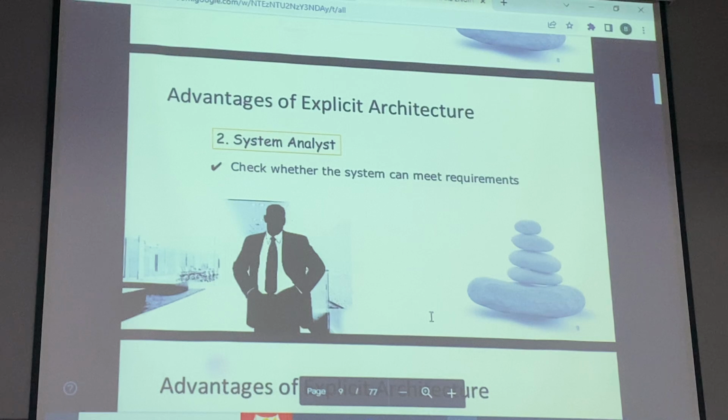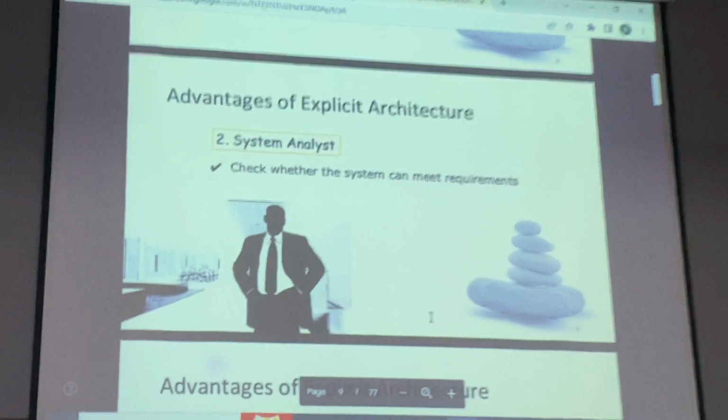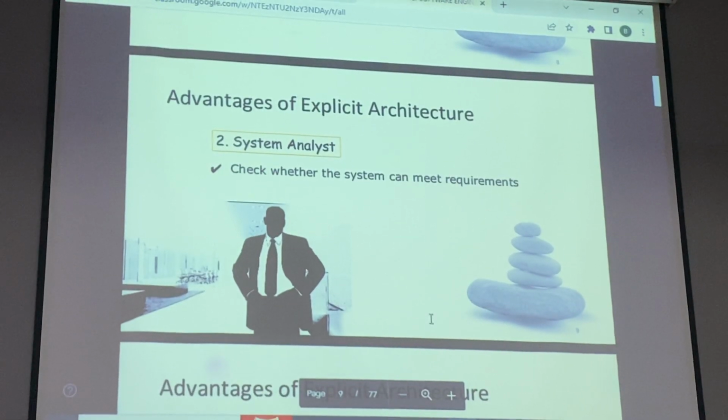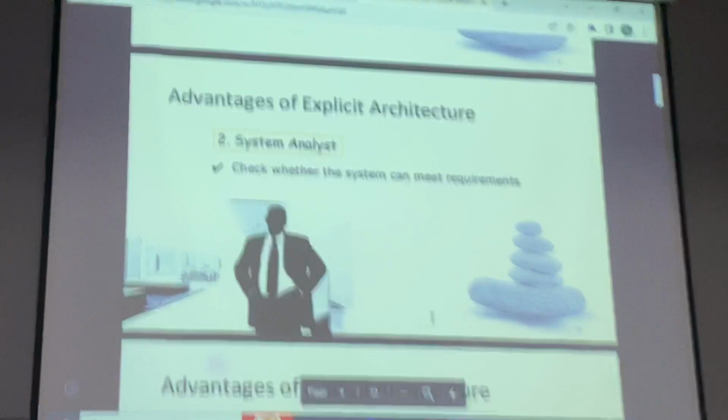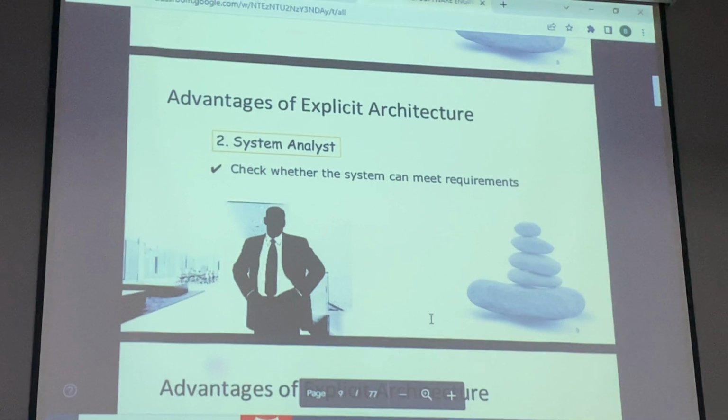So in here, one of the benefits of this architecture design is that the system analyst can check whether the system can meet the requirements of the stakeholders or not. Just now we had the benefit to the stakeholders. Among the stakeholders, they get a benefit because they can brainstorm together.